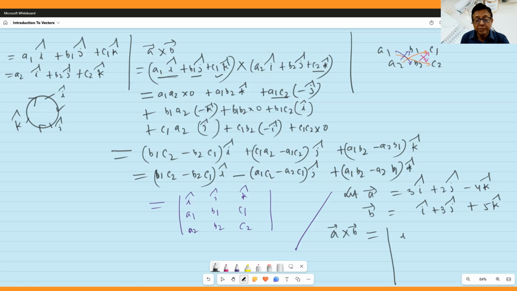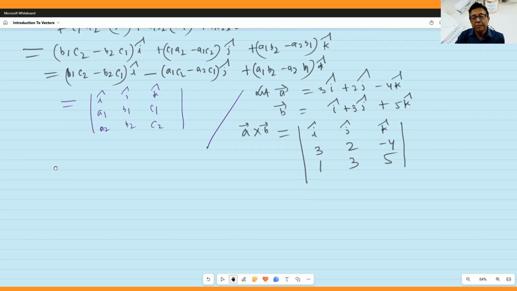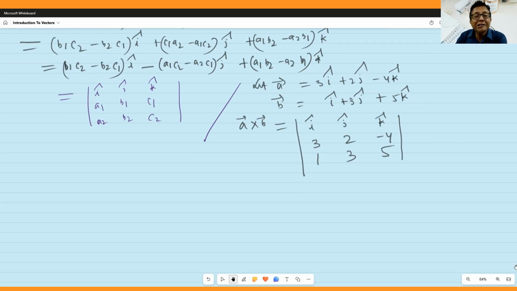I, J, K, that will be along the row. I cap, J cap, K cap along the row. Then what? 3, 2, minus 4. And this is 1, 3, 5. Clear? Understood? So now expansion part.